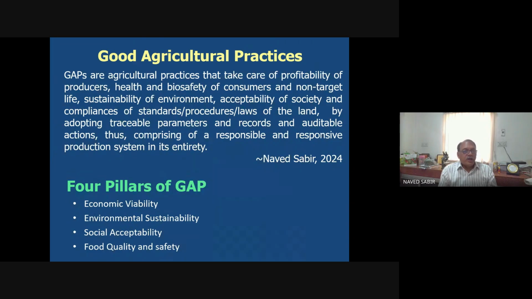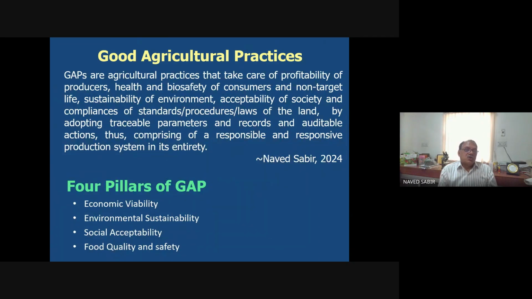If the pesticides or the chemicals run off from your field and go to the lake in your area, and the fish is getting killed, then you are not sustaining the environment. So the production system has to be healthy and safe, not only for the consumers, but the non-target life.